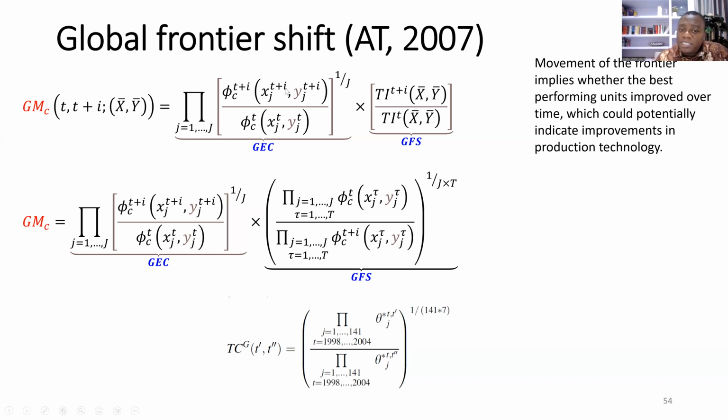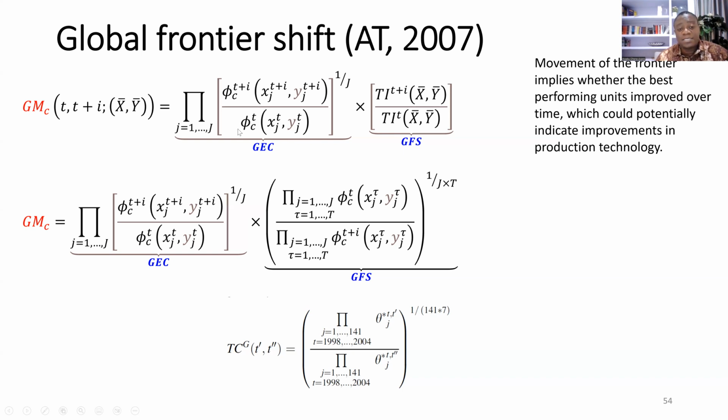So for the global efficiency change, I'm just taking an output orientation here. The global efficiency change is the efficiency of a firm in year 2 relative to frontier 2, divided by the efficiency of a firm in year 1 relative to frontier 1.